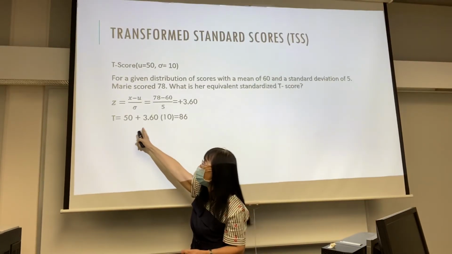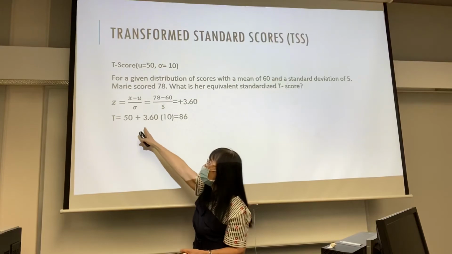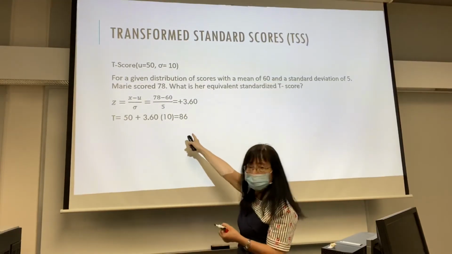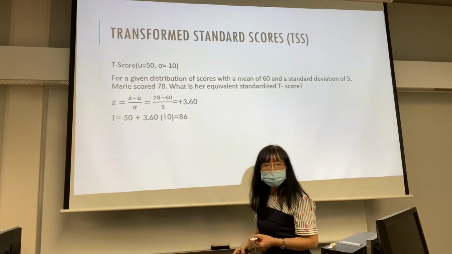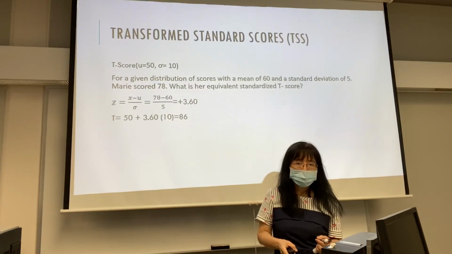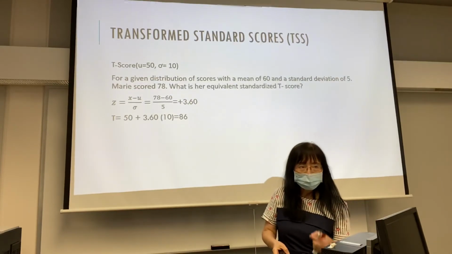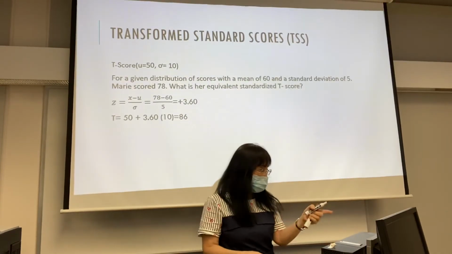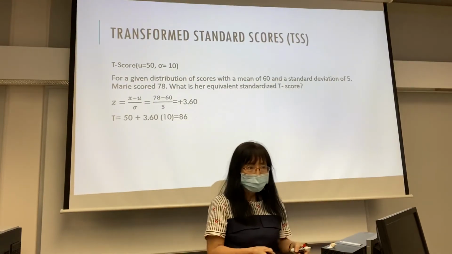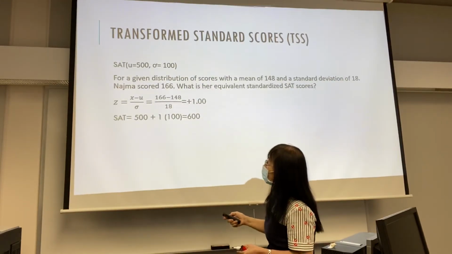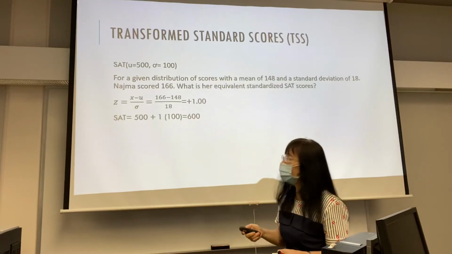So the 50 they already set up for you, plus the one you calculate times 10, equals 104. Got this one, everybody? Okay, you got an answer there? Understand? Great.